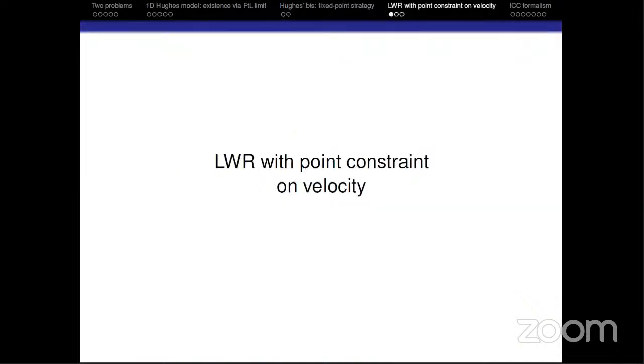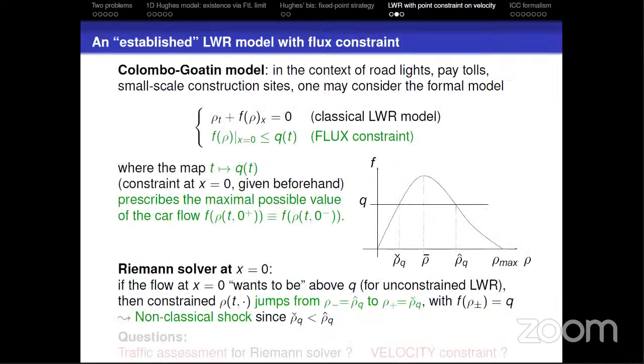That's all about futures. Now I'll go to LWR with a flux constraint on velocity and flux. So I briefly described the Colombo-Goatin model, which takes into account small obstacles on the road, and which on top of the classical LWR puts a flux constraint, which is something which makes rigorous sense because the flux is a quantity which is continuous across the interface and has at least a weak trace.